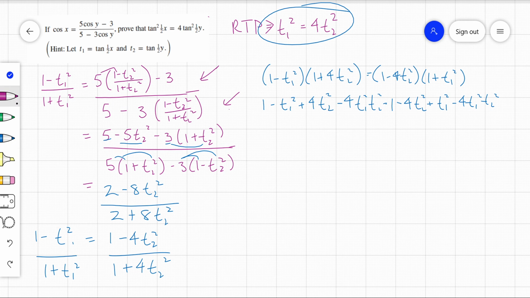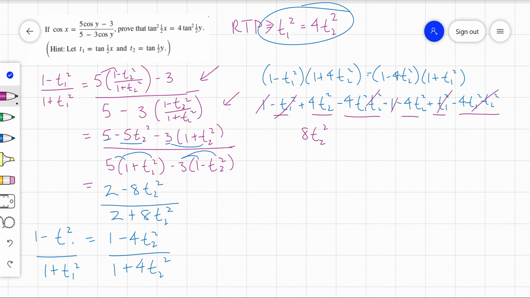Alright, so let's have a look at that. What can cancel? They've both got a 1, so we'll cancel the 1. Minus t1 squared here and positive t1 squared there, so they'll cancel. Here we've got 4t2 squareds minus 4t2 squared, so that's 8t2 squareds. Here we've got negative 4t1 squared t2 squared and negative on this side as well, so they can cancel.